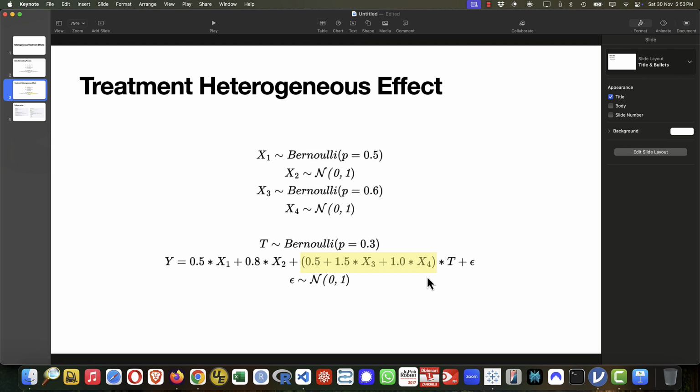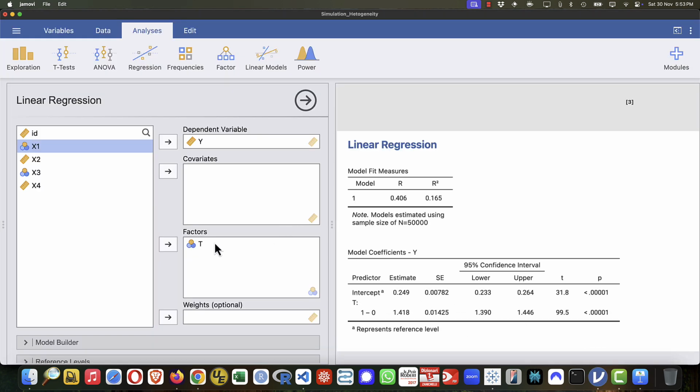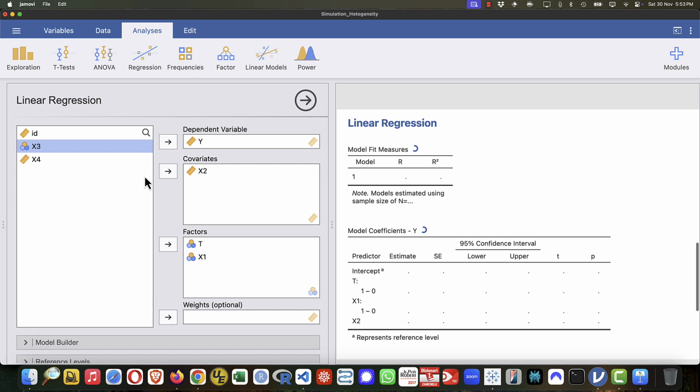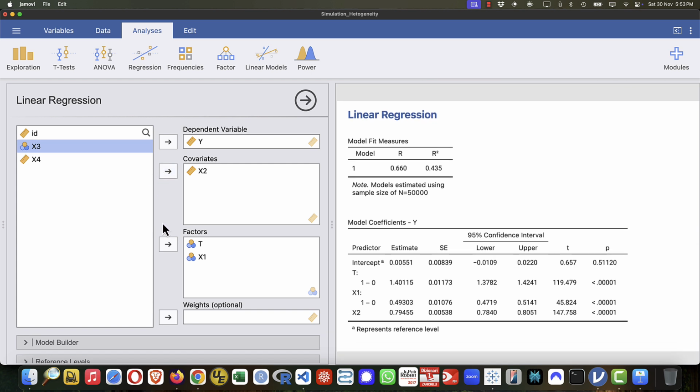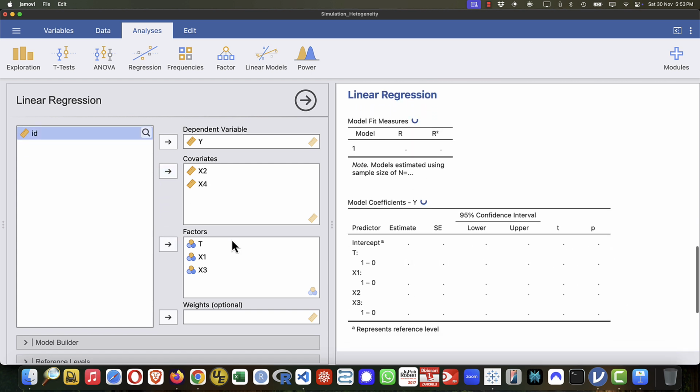So we're going to go back to Jamovi, and we're going to try to measure this heterogeneous effect with respect to x3 and x4. Okay, let's come here, and now we're going to include all the variables. The factors go in factors. The continuous variables go in covariates, x3, x4.